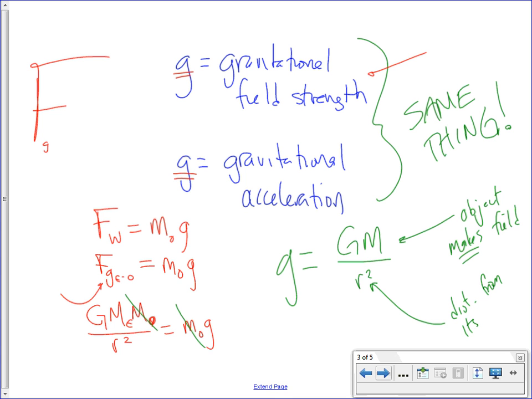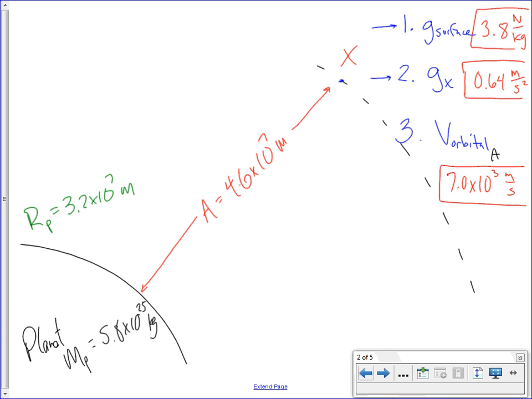If we want to know g at the surface, what do we use for little r? The radius of the planet. If we want to know g somewhere else, like at location x, we use the distance from the center of the planet to that position.